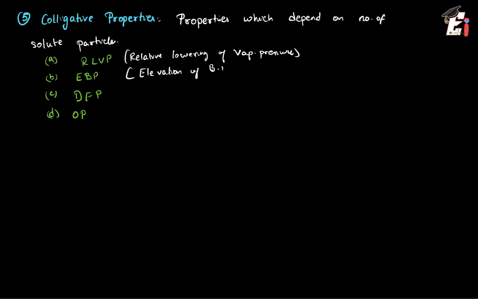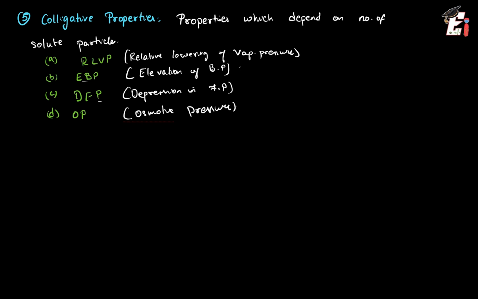Elevation of boiling point. Freezing point can get depressed. Depression in freezing point. Osmotic pressure. So basically you have seen, if I make a solution, before solution, for example I have water. After adding salt to the water, initially the water was boiling at 100 degrees Celsius, but after adding salt to it, suppose its boiling point got increased. Instead of 100 it became 110 degrees Celsius. So that is called elevation in boiling point.